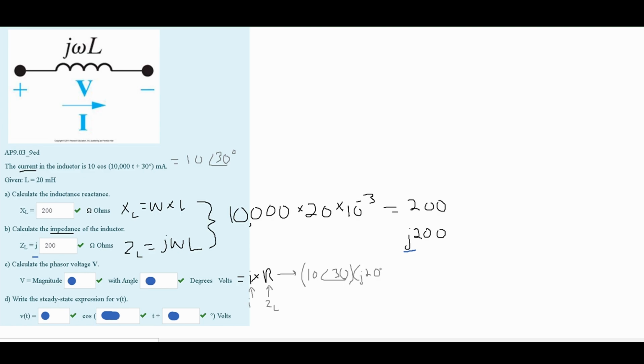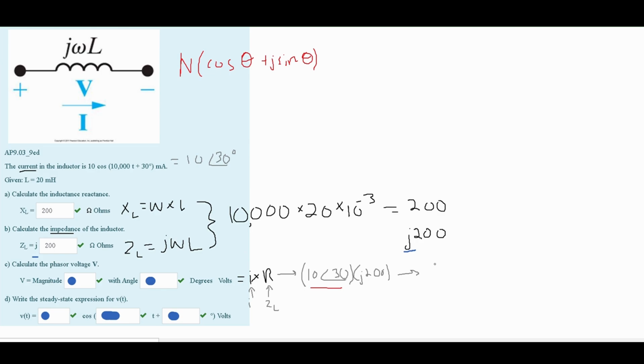Now, since these are two different things, our j200 is in rectangular form, and our 10 angle 30 is in polar form, we can't just multiply them together. We need to make one of them the other, and the easiest is to make the 10 with angle 30 rectangular form. To do this, we take our number, which is 10, and multiply it by a parenthesis, inside of which we have cosine of our angle plus j times the sine of our angle.